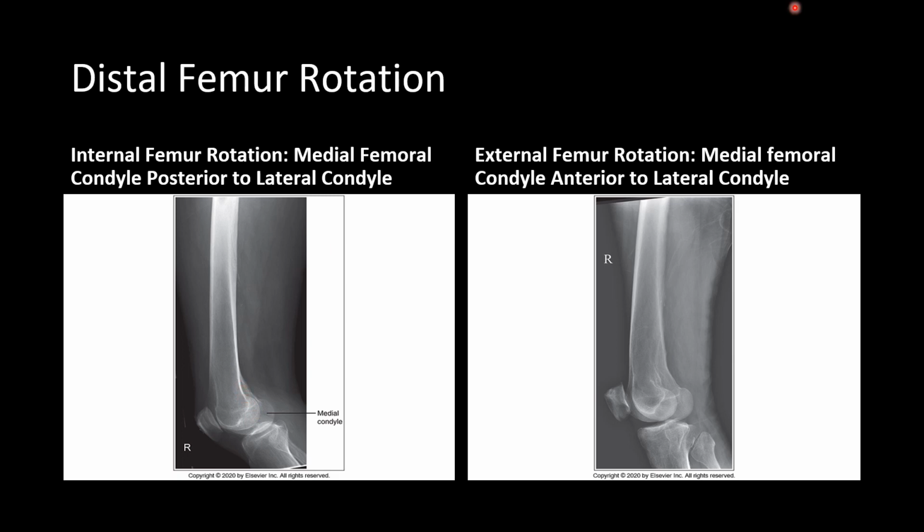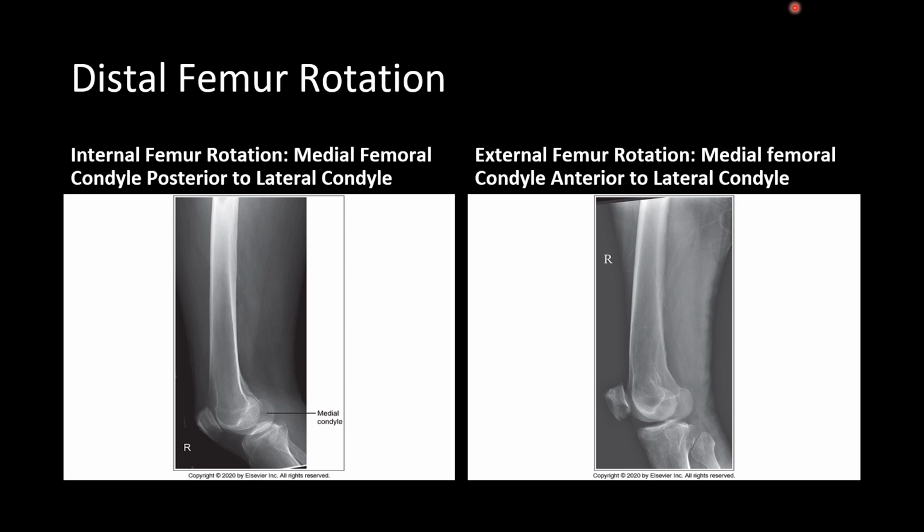In this first projection, we can determine that when the medial condyle is posterior to the lateral condyle, the leg is internally rotated. In order to correct this, we need to externally rotate that leg until the epicondyles are perpendicular with the IR.